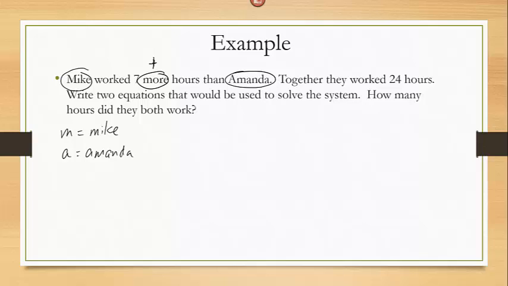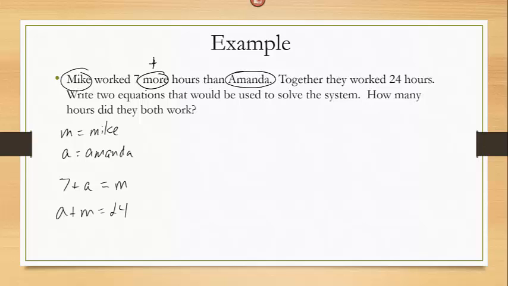So we would have 7 plus Amanda's hours equals however many hours Mike worked, so 7 plus A equals M. There's one equation. Together they worked 24 hours. So in total, both of them worked 24 hours, so A plus M equals 24, because both their hours combined equal 24.